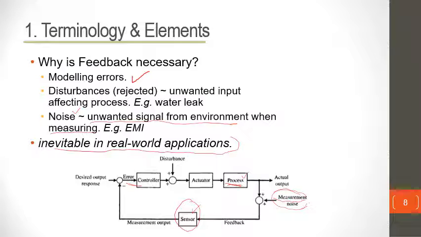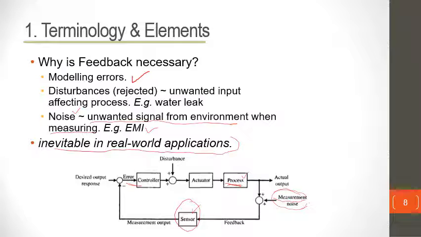A good example is electromagnetic interference that we may get from a spurious signal. Maybe your Wi-Fi is interfering with the wireless signal of your radio sensor, and that may be a typical form of noise, because there are some other signals which might be broadcasting at the same frequency as your desired signal.